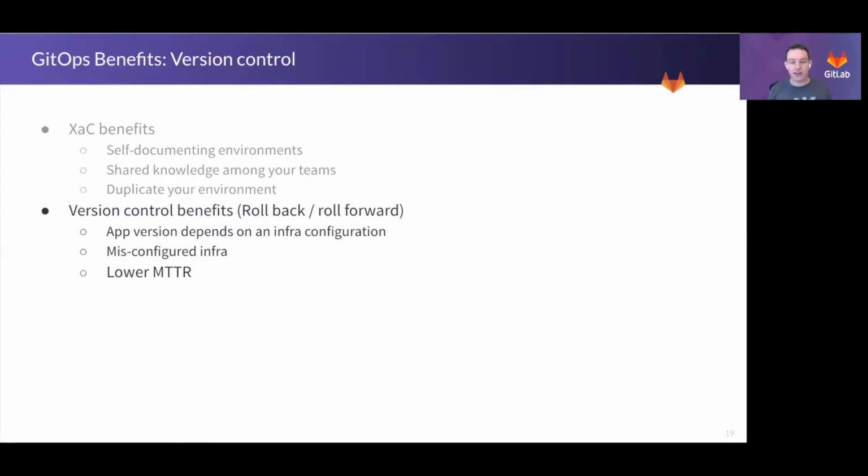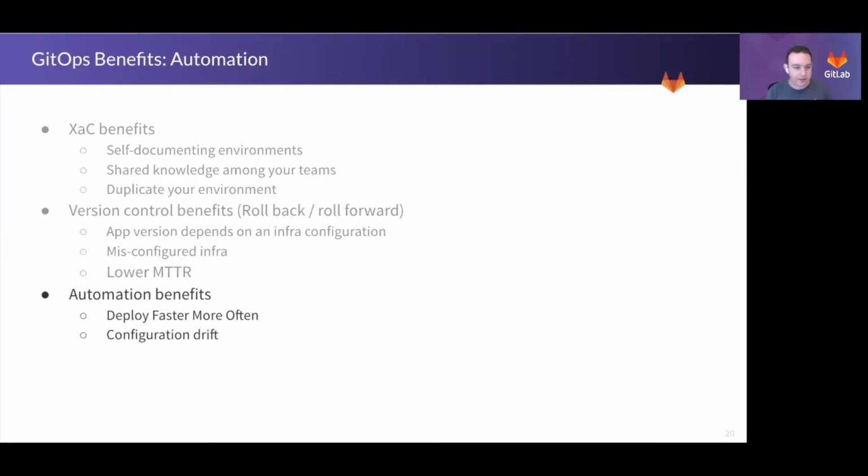It helps with misconfiguration of the infrastructure. And this can really help your mean time to recovery. When things go down, with it in version control, sometimes it's just being able to quickly roll back to the last known good config, and we get up and going quickly, and then we can go back and try to figure out what's going on.